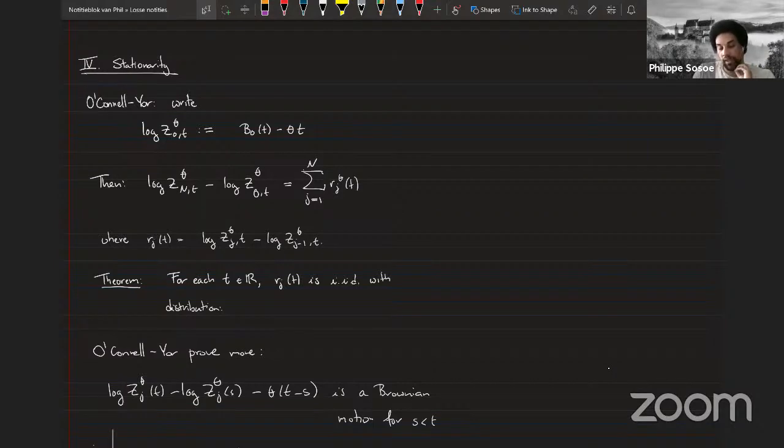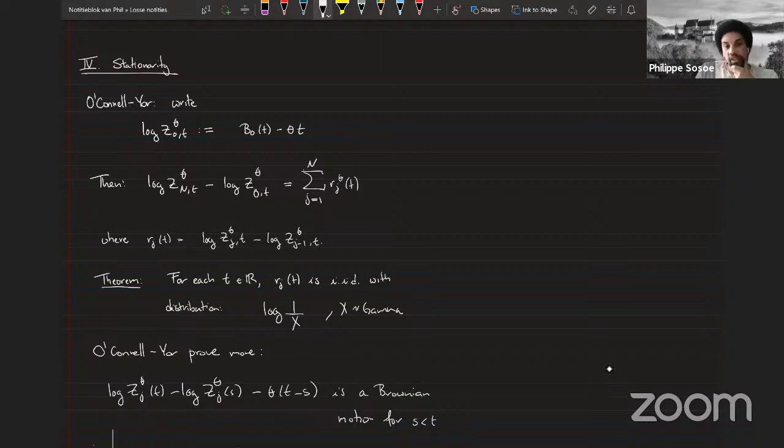Then O'Connell and Yor's main result in their paper, their paper is not so much about polymers as about this stochastic calculus fact, which is that for each t in R, the collection R_j(t) for j equal 1 to n is IID, so independent and identically distributed, with the same distribution as log of 1 over X, where X is gamma distributed with shape parameter theta.